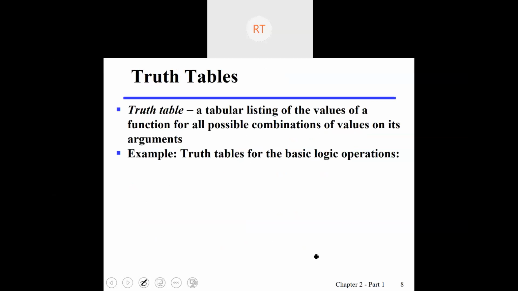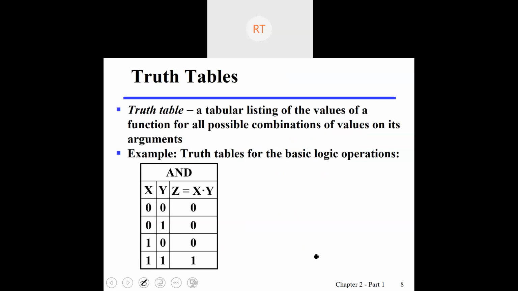What is a truth table? A truth table is a tabular listing where you list the values for all the possible combinations. So we will start with the AND. It is very important that you understand how we get the output of the AND, Z equals X and Y. So I will start with the first one, please, and I need your help.